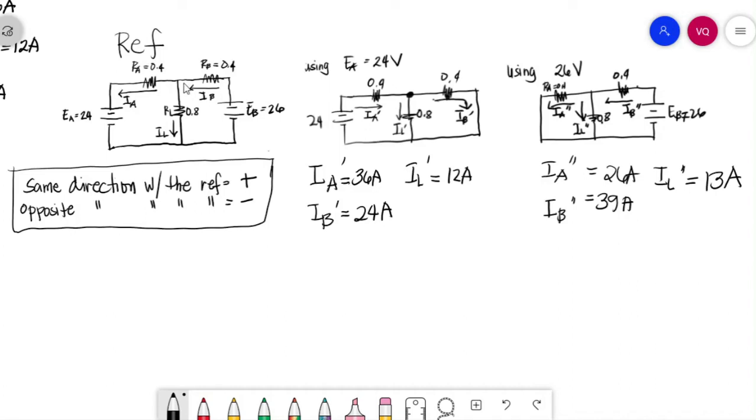So this is our reference, the original circuit. Our IA is going to the left, our IA prime is going to the right, and IA double prime is going to the left. So what will be the equation in that particular branch current? IA is equal to, same direction with the reference, IA double prime, and opposite direction with respect to our reference, so that is minus IA prime.